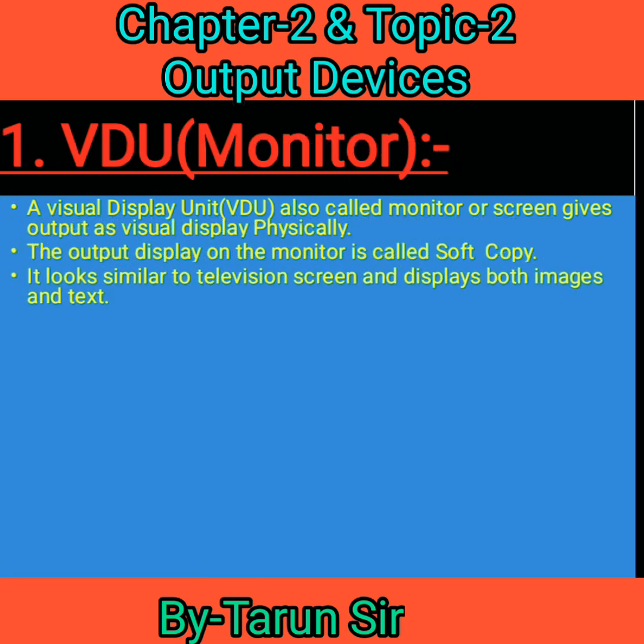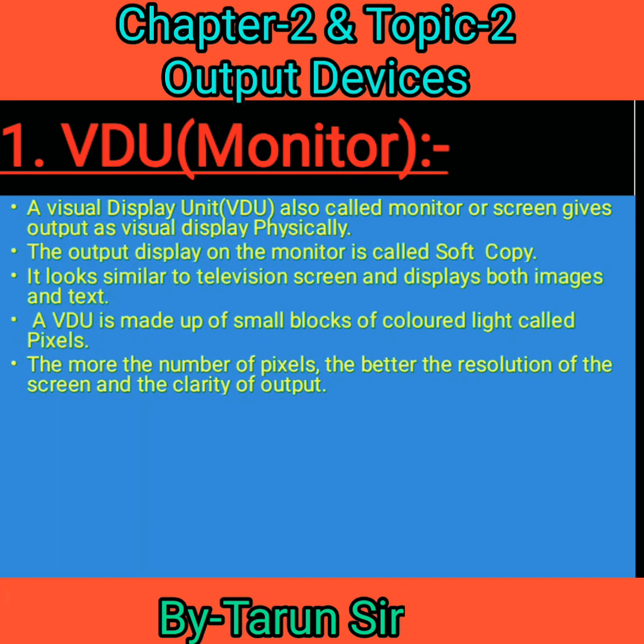It looks similar to a television screen and displays both images and text. A video is made up of small blocks of colored light called pixels. The more pixels, the better the resolution of the screen and the clarity of output.